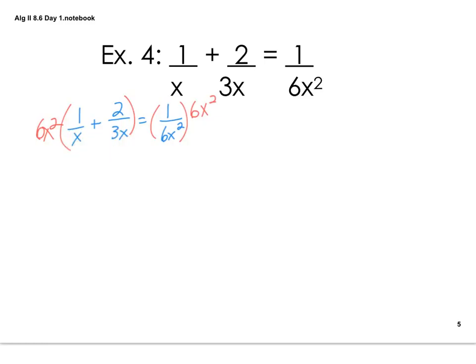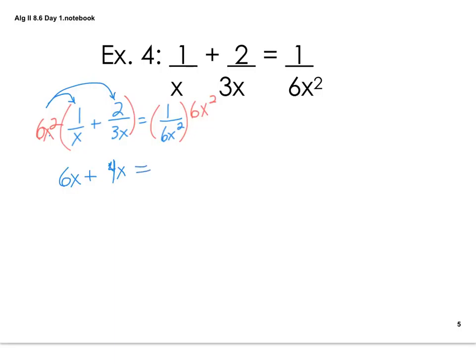When I divide 6x squared by x, I basically end up with a 6x for my first term. Then when I multiply this 6x squared over here, what I end up with is 6x squared divided by 3x, which gives me a 2x multiplied by 2, and I end up with a 4x for that term.